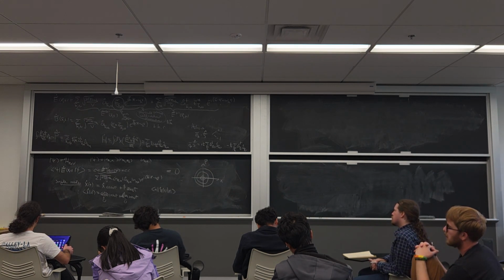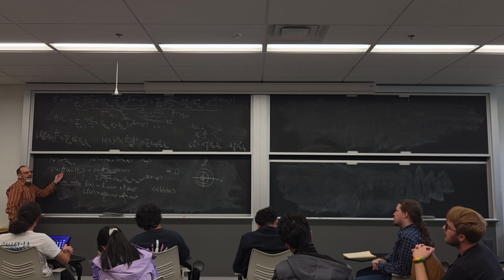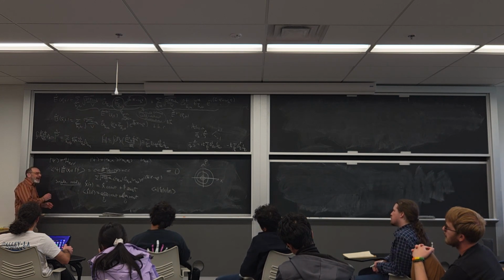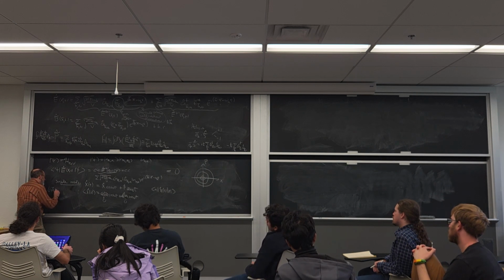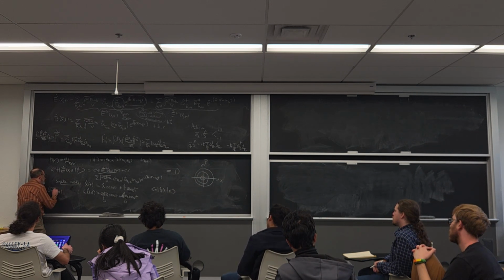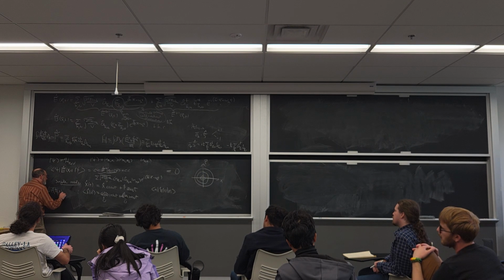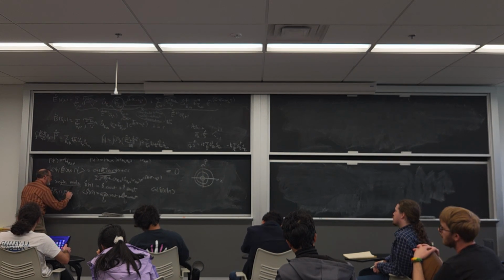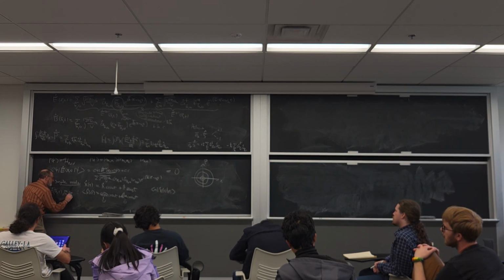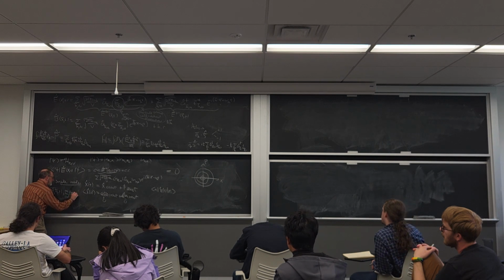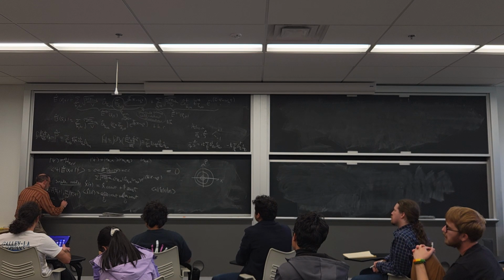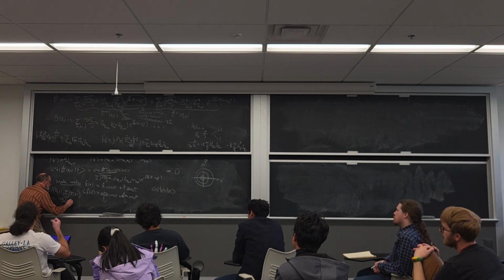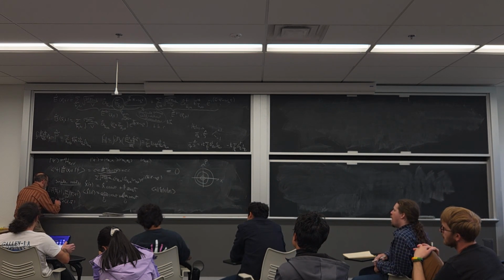In fact, the canonical conjugate to E is A, the vector potential, not the chemical potential, times some vector stuff.